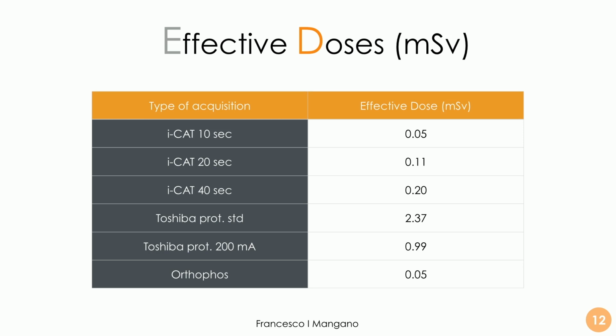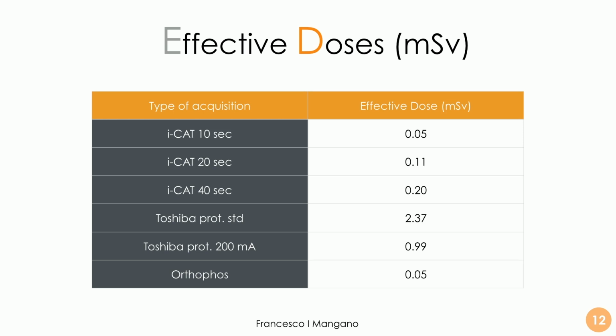When we shifted to the effective doses, which is what we usually evaluate in millisievert, we found that according to the different applications we could have different doses, and the Orthophos, the panoramic radiograph, gave more or less the same effective doses as the cone-beam computed tomography in the 10-second application.